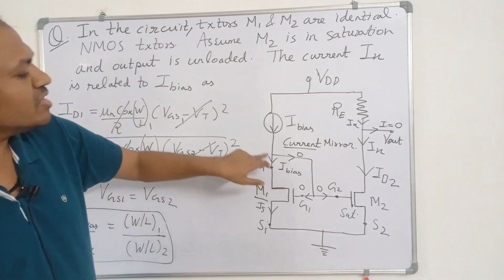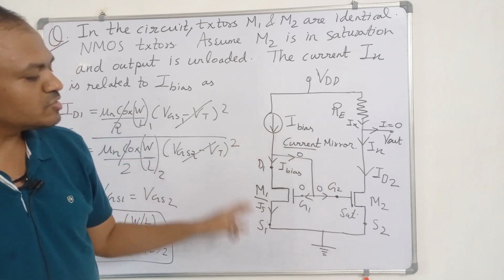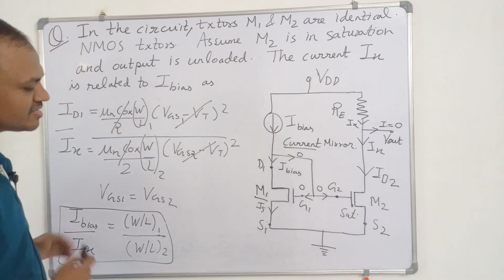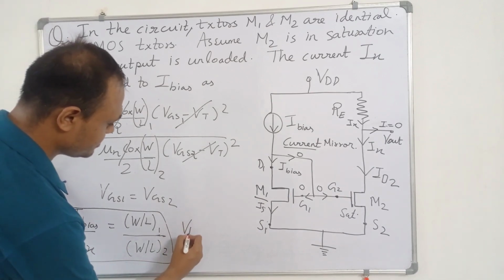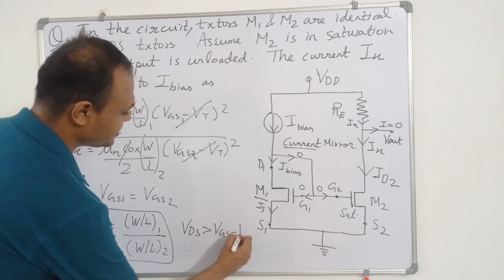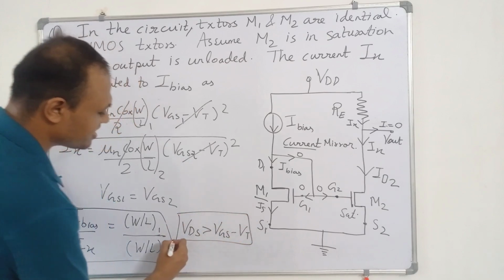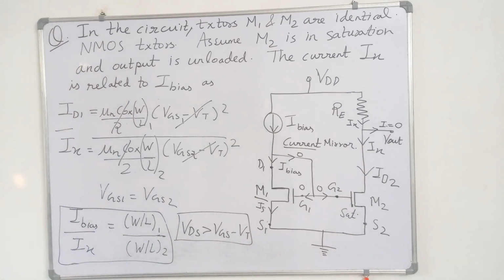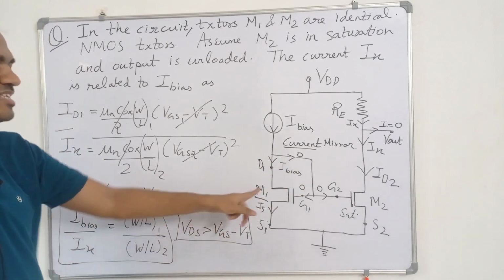Also the drain and gate of this MOSFET are connected, so it is in saturation, because the condition for saturation is VDS must be greater than VGS minus VT for NMOS. This is the condition for an NMOS transistor to be in saturation. In this question, for transistor M1 this condition is satisfied, so it is in saturation.